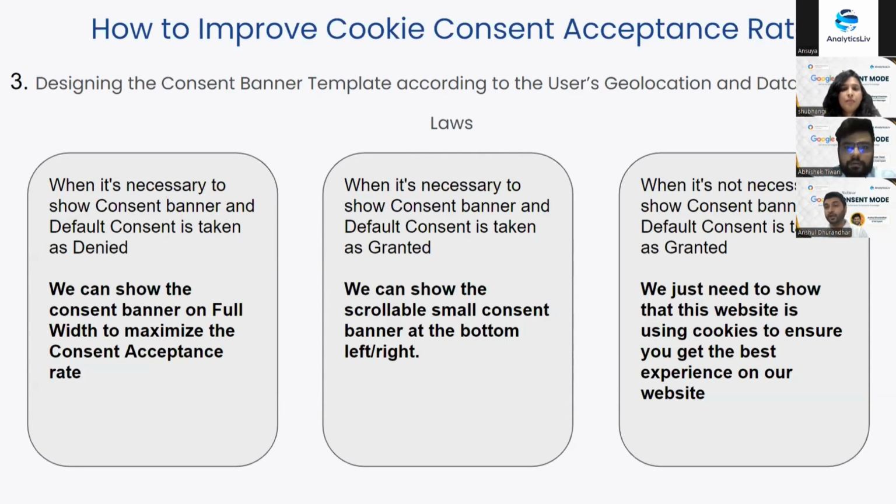They can click on that banner and later decide which cookies they want to allow or not, and then we can change the tracking behavior. If they are not allowing, then we can stop the tracking. But by default, everything will be tracked if they are coming to the website.